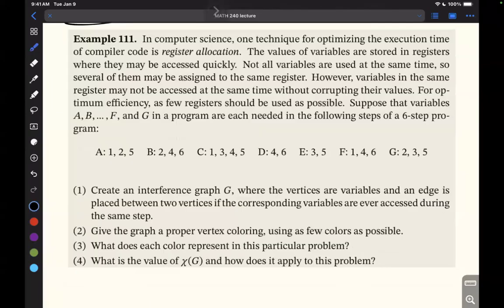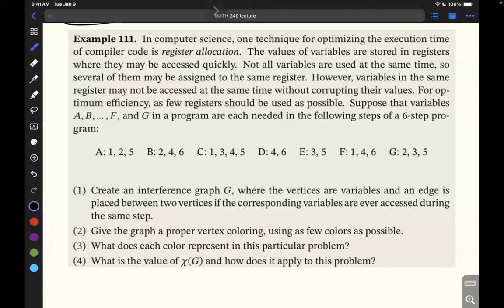For the registers, we don't necessarily want to assign them all to the same register. Some we want to assign to different registers. Variables in the same register may not be accessed at the same time without corrupting their values. So if we want to use 2 variables at the same time, they cannot live in the same register.